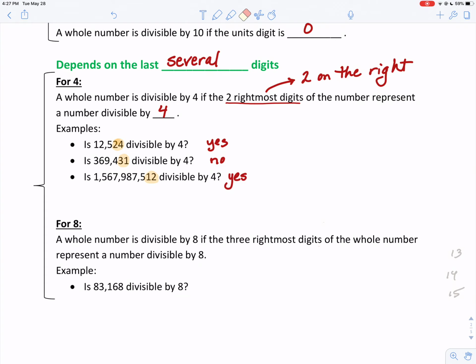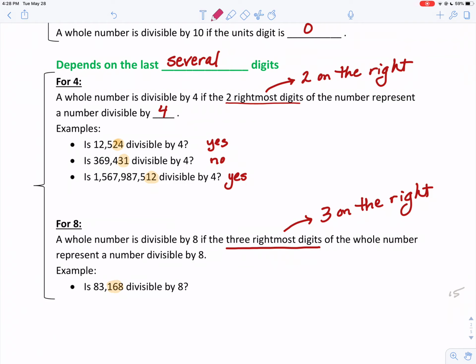And then the last one, 8. This time, instead of looking at the 2 rightmost digits, we're going to look at the 3 digits on the right. And again, we're going to see if those 3 digits, which would be 168, are this time divisible by 8.